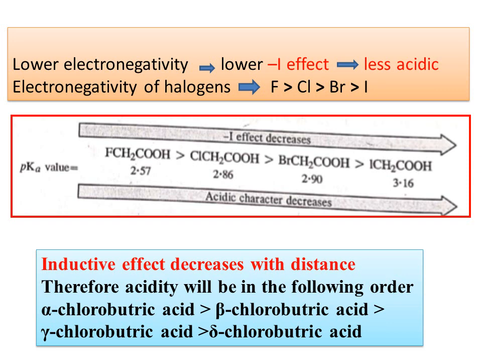The electronegativity of various halogens decreases in this manner. Similarly, if electronegativity value decreases, automatically the minus I effect decreases and acidic strength also decreases.